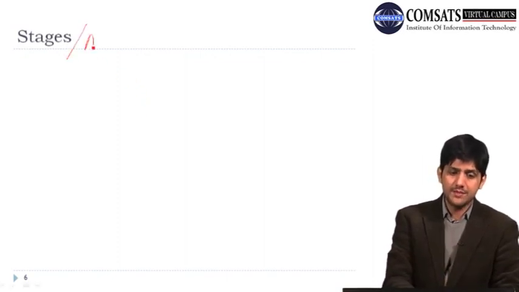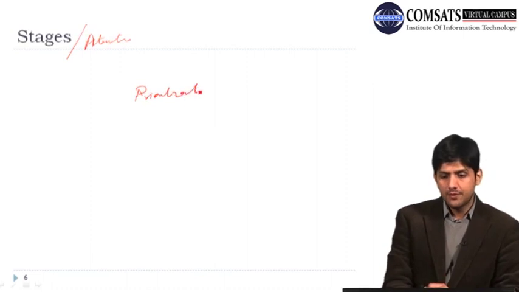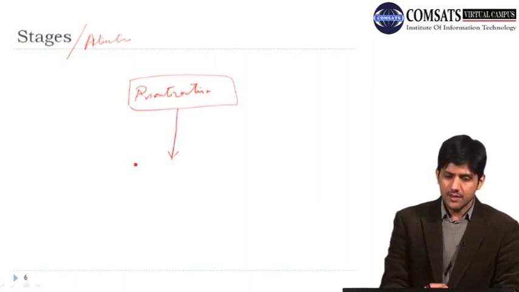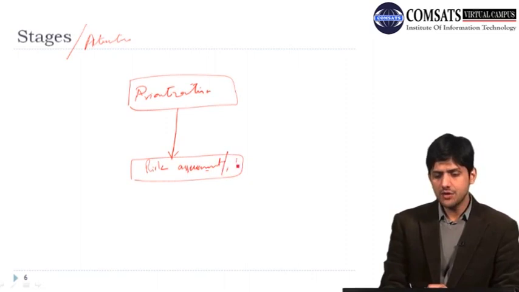We can either call them stages, or we can also call them different activities. So one thing that we do is we prioritize the requirements. Another thing that we do is some sort of risk assessment, or risk identification, as we can call it.